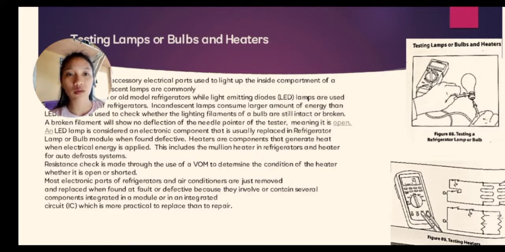Most electronic parts in refrigerators and air conditioners are removed and replaced when found at fault or defective, because they contain several components integrated in a module or in an integrated circuit, IC, which is more practical to replace than to repair.